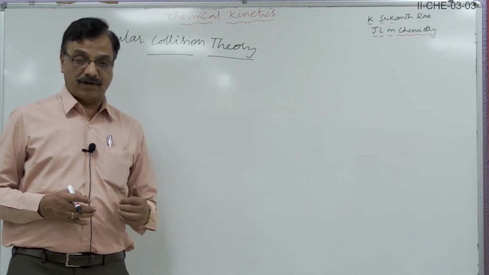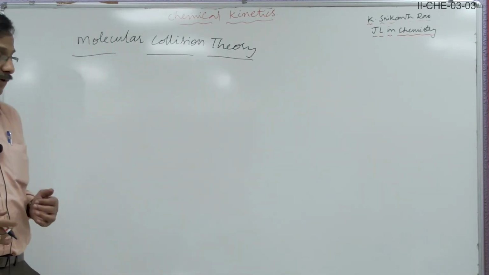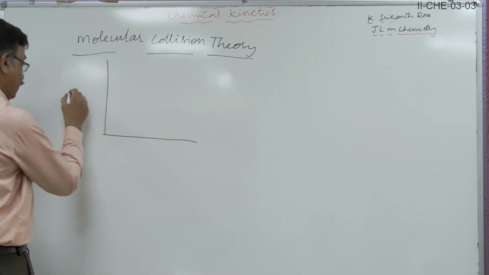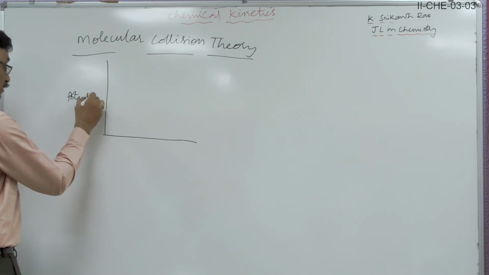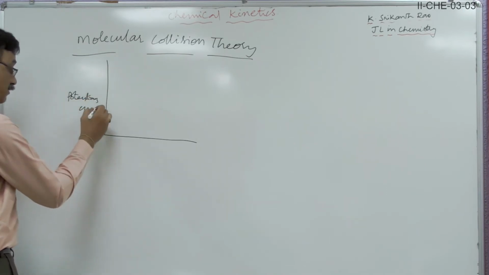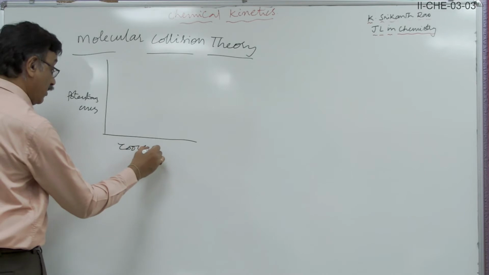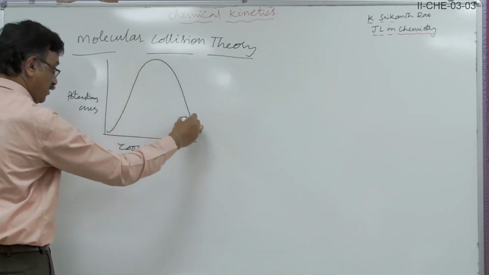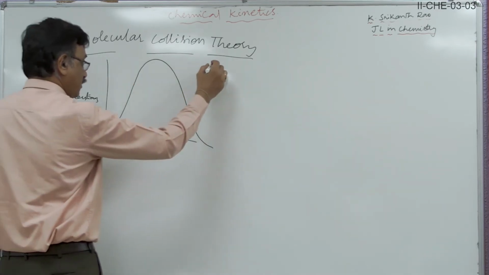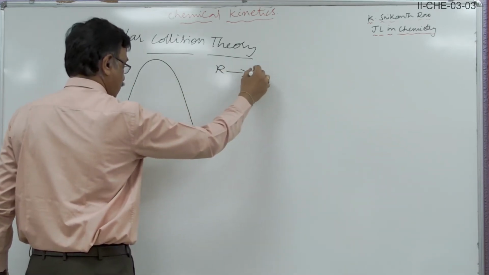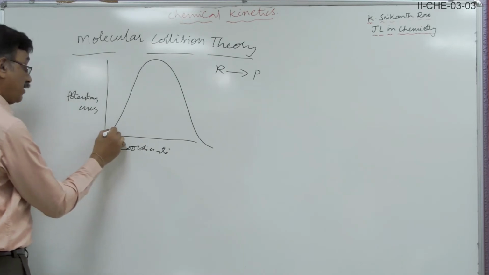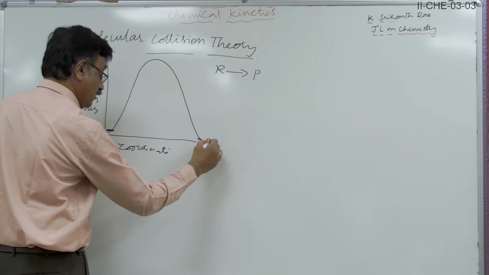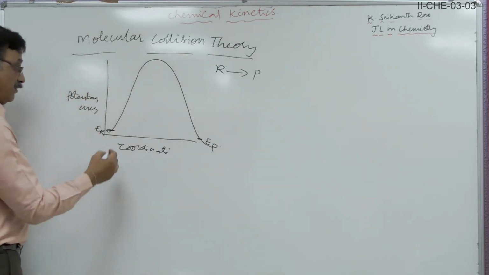Then, for example, here we'll take an example. Suppose potential energy and coordinate. Let us take a reaction that is taking place between reactants and the products, right? Energy of the reactants is this, and the energy of the product is this, right?